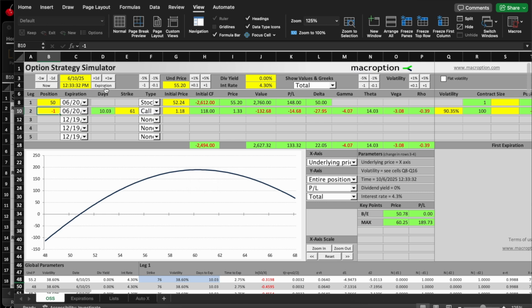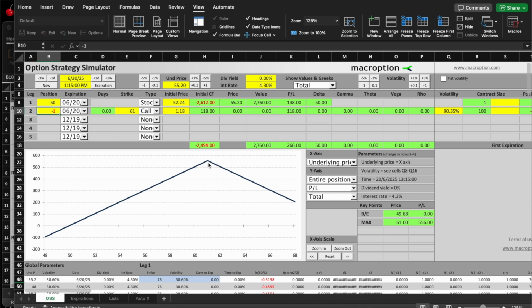Now, if we jump ahead to expiration, note that it more prominently displays how being long 50 shares of this stock, HIMS, and being short a call at 61, this particular structure is clearly short volatility.